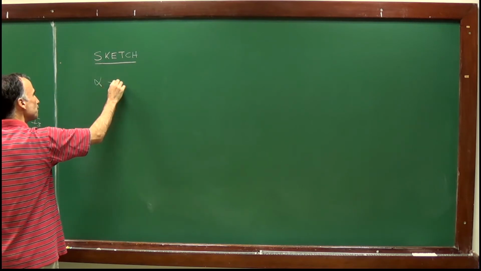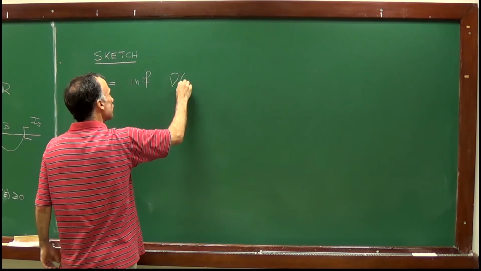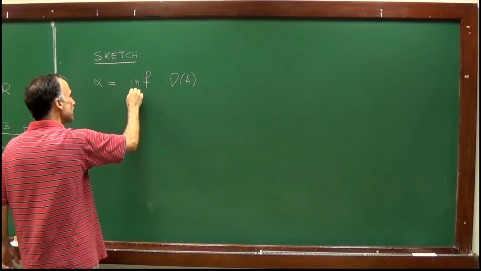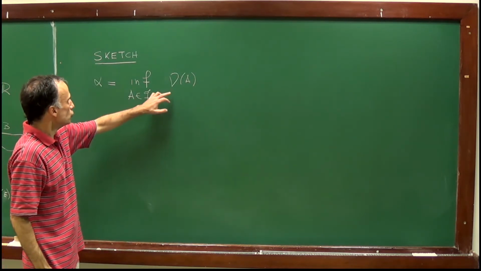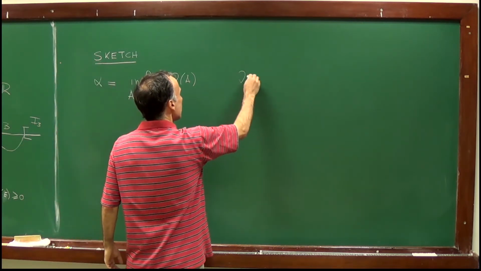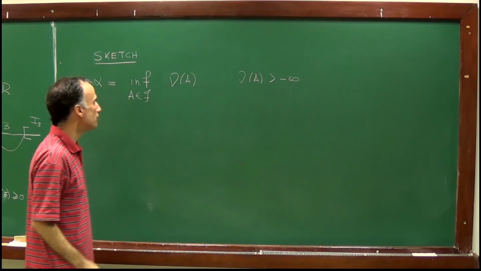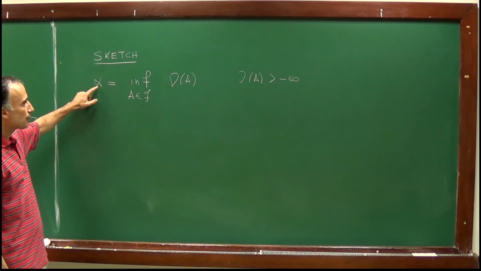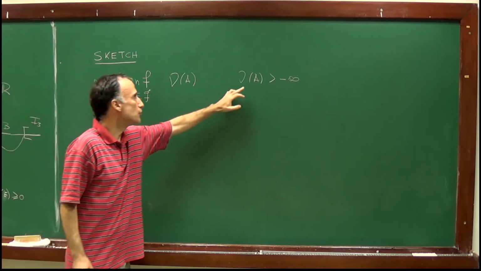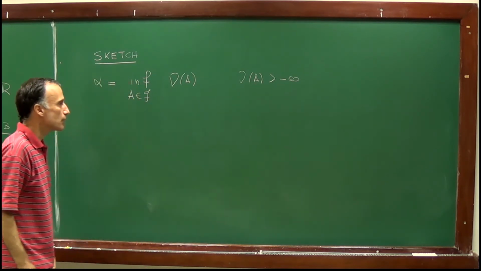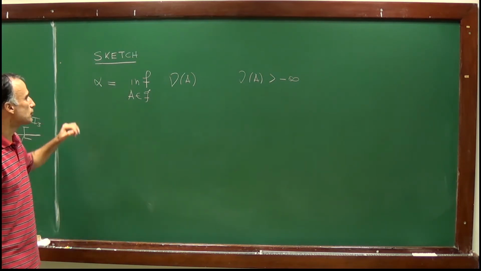I will define alpha to be the infimum of nu of A, where I'm taking A as all subsets in F. So we know that nu of A is always larger than minus infinity, but it's not clear if alpha can be equal to minus infinity or not. Though nu of A is always strictly greater than minus infinity, maybe the infimum is equal to minus infinity.